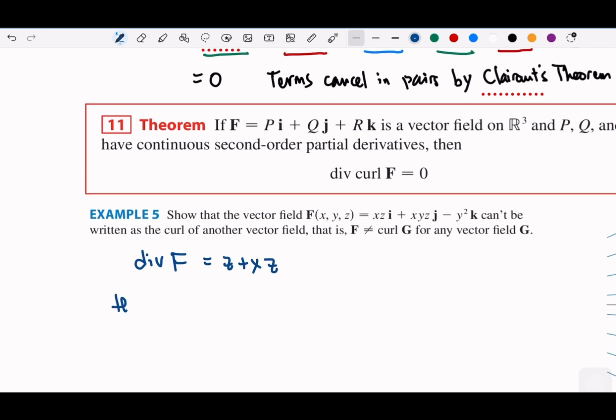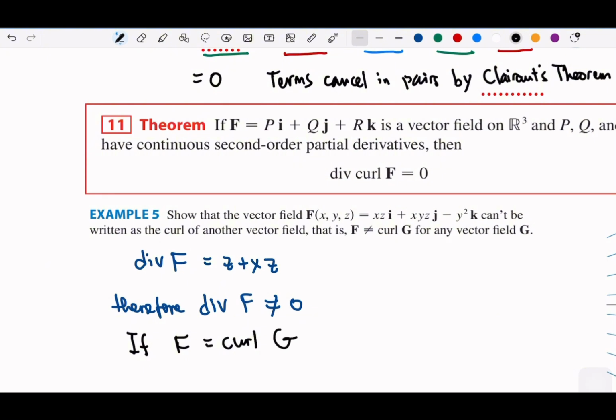Therefore, div F is not 0. If F is equal to the curl of G, then div F equals div curl G, which equals 0, but it is not.